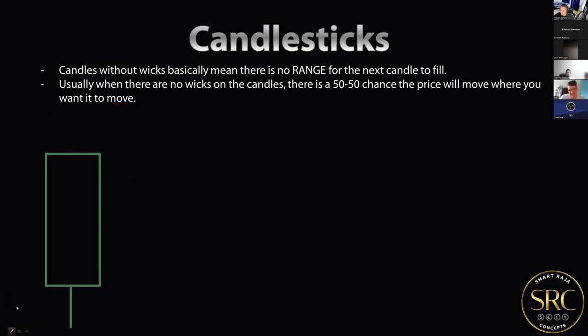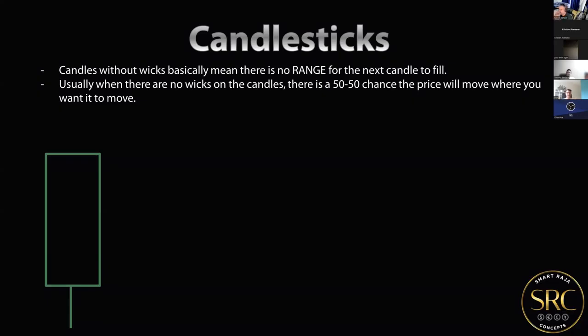Right? So, now, if this candle has no wick on the top, this means there's no range. This also means that the price never made a high. It just closed, right? This means there's a 50-50 probability that the next candle can continue to push up. So whenever I see a candle like this and it's forming, I always wait for the next candle to form.